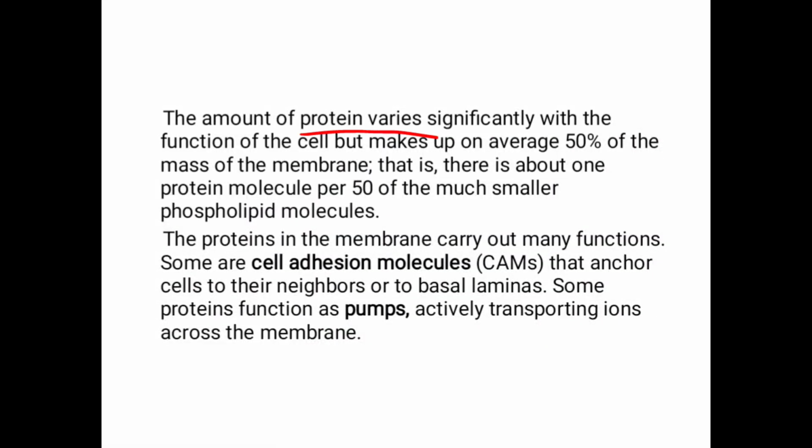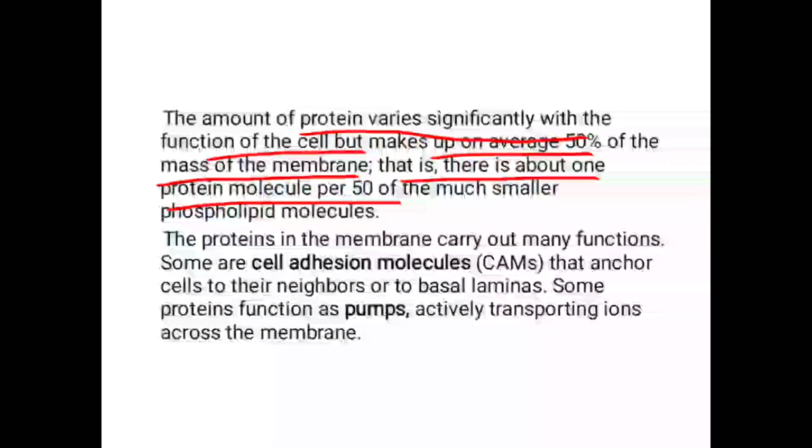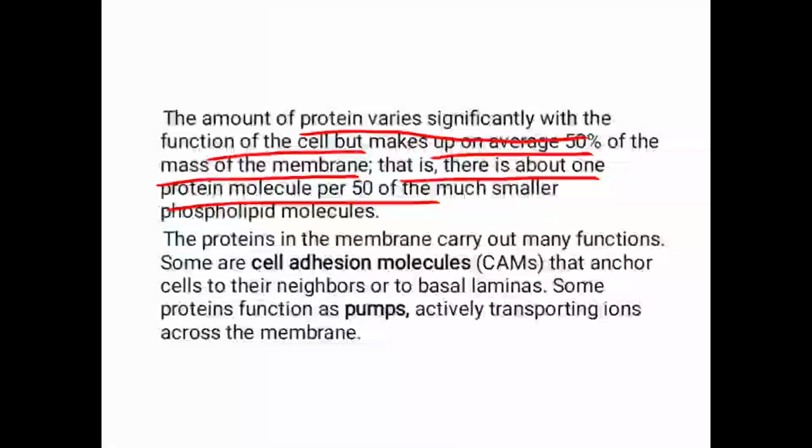The amount of protein varies significantly with the function of the cell but makes up on average 50% of the mass of the membrane. That is, there is about one protein molecule per 50 of much smaller phospholipid molecules.